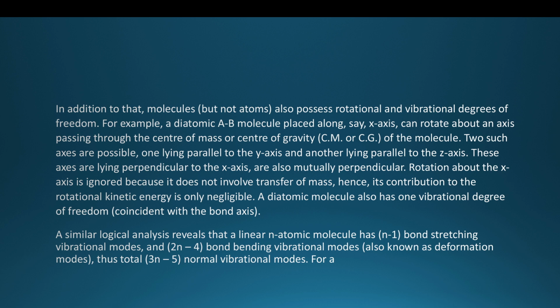For other molecules having more than 2 atoms, if the shape is linear, there are 3n minus 5 normal vibrational modes. If the shape is non-linear, the number is 3n minus 6.